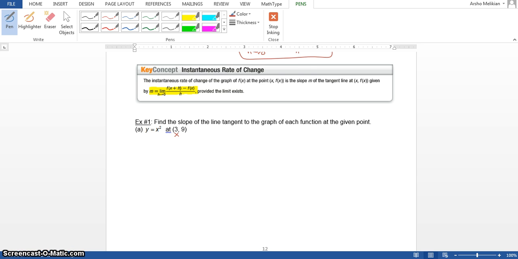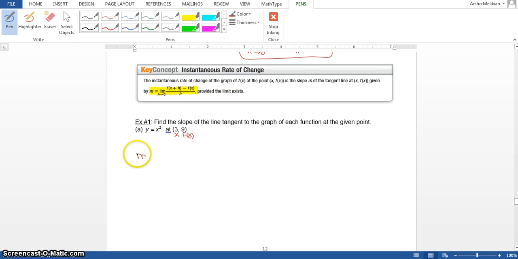What we want to do now is also find what's f of 3? If x is 3, what happens when you plug 3 in here? It's 9, which is this point. So if this is x, then this is f of x. All right, so let's find the slope at this point.